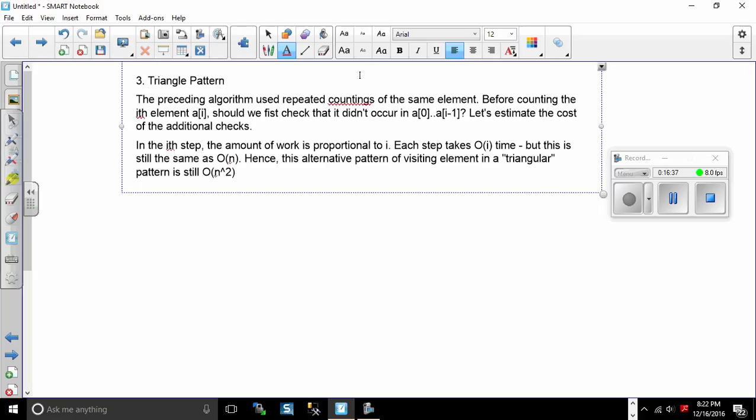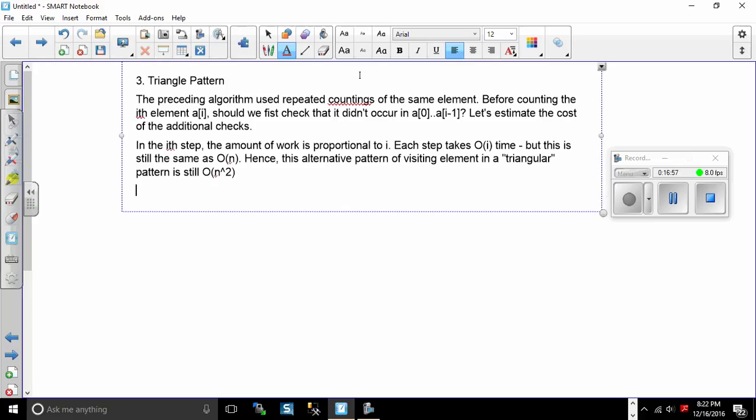So you don't gain anything by not revisiting the elements each time. In this triangle pattern, you don't revisit the elements in searching for the most prevalent element. In the preceding algorithm, you did, and so there's no gain, interestingly enough.